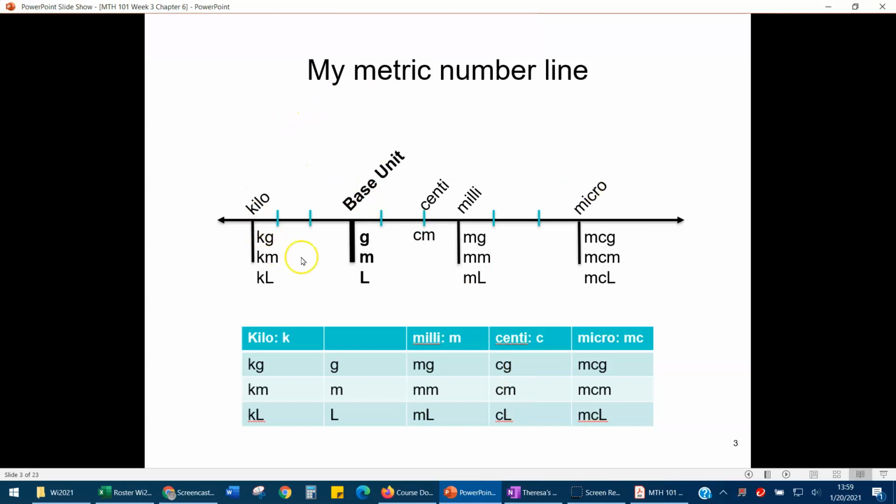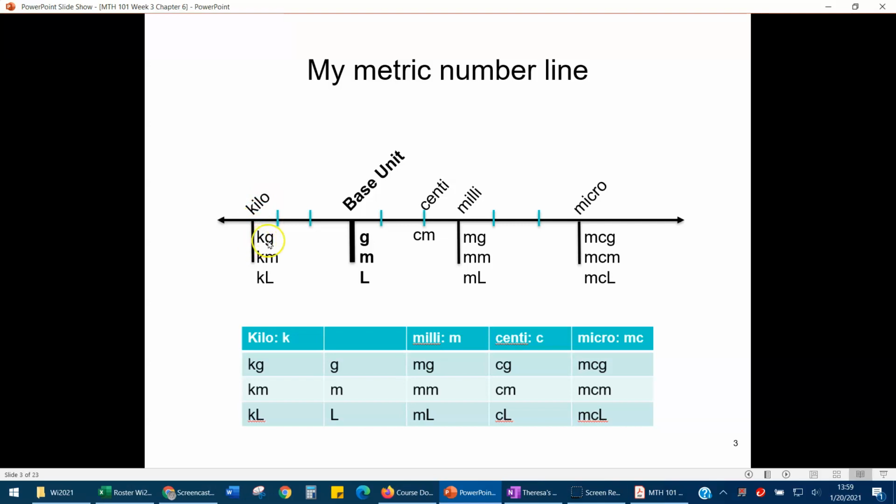So I call this my metric number line, and we will talk about how to use this in conversions in a bit. So I wanted to show you where your basic units lie. This base unit, these are your gram, your meter, and your liter. And then when I said variations of each, they have prefixes.